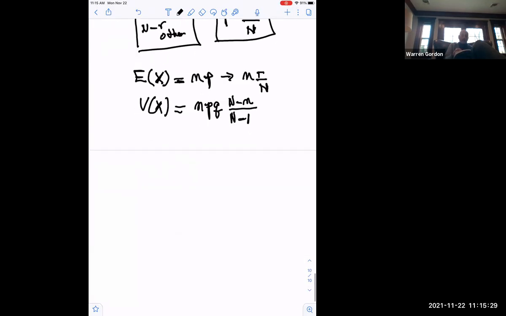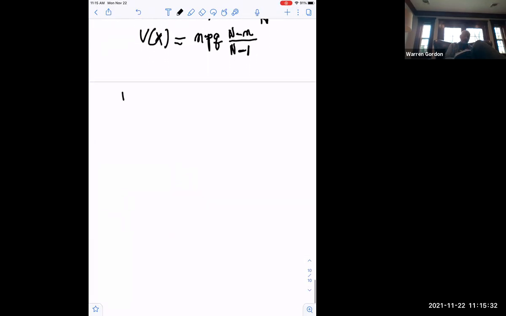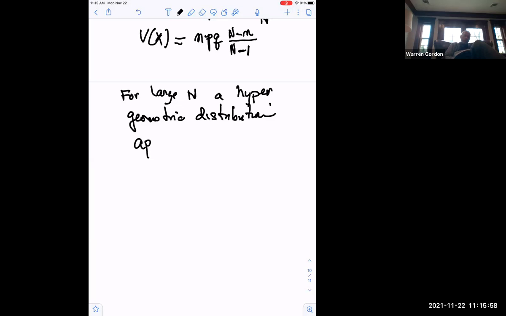It says for large N, a hypergeometric distribution approaches a binomial.